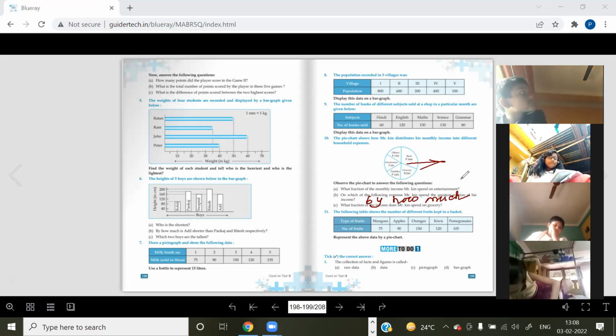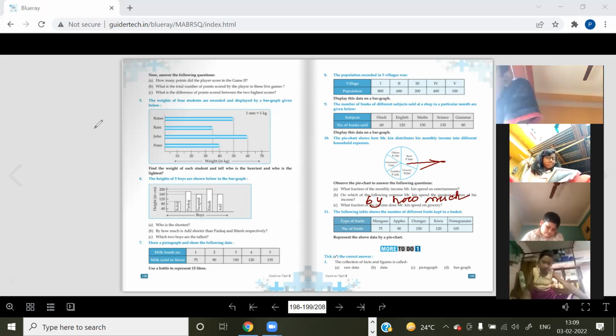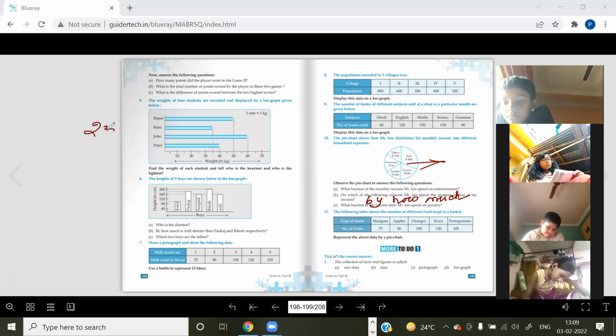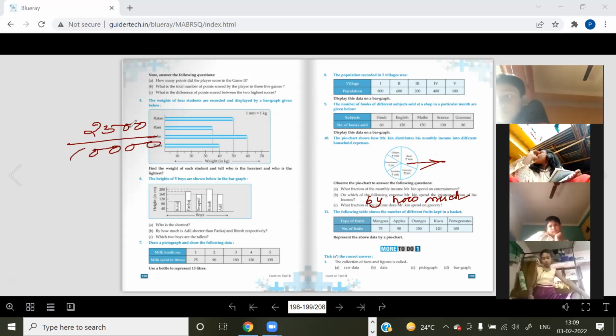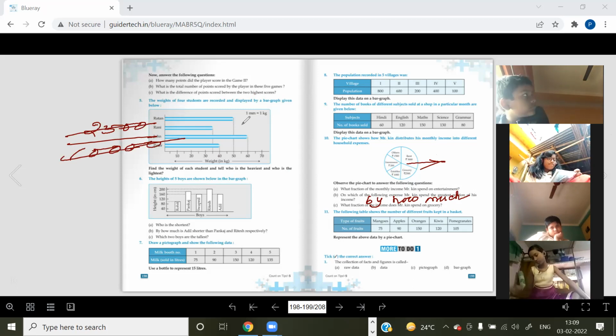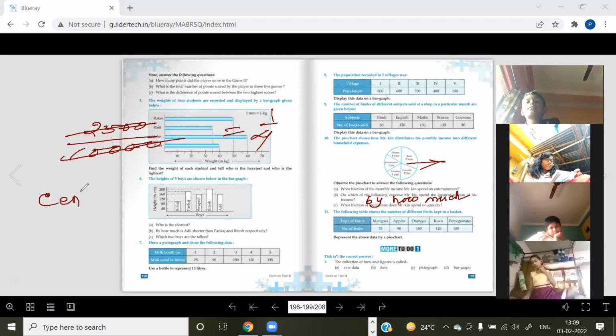Now, what fraction of the income does Mr. King spend on grocery? 2,500 by 10,000, that is 1 by 4. What will be its central angle? 1 by 4 into 360 degrees.